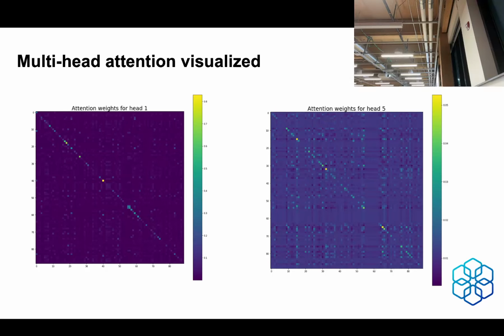Okay, I forgot to put the labels here, what is what. But you can see we have two different heads here, and each of them is learning a different thing. It's focusing on different parts of my data, giving different importance to different inputs.